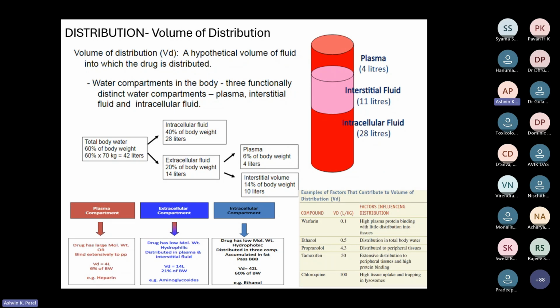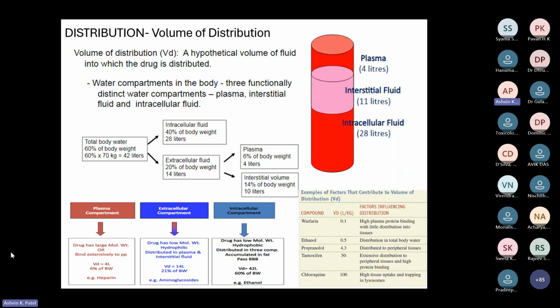In the body, total body water is 60% of body weight. Take the example of a 70 kg human, having 42 liters of water, mainly comprised of intracellular fluid and extracellular fluid. Intracellular fluid is 40% of body weight, which becomes 28 liters, whereas extracellular fluid is 20% of body weight, approximately 14 liters.